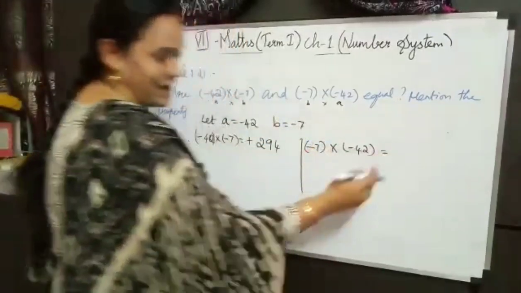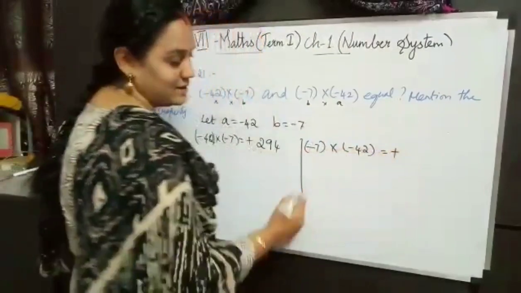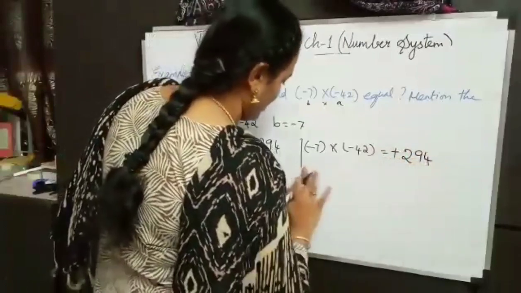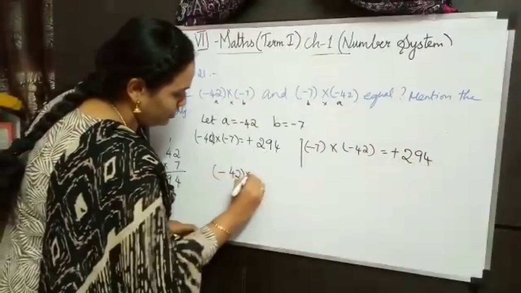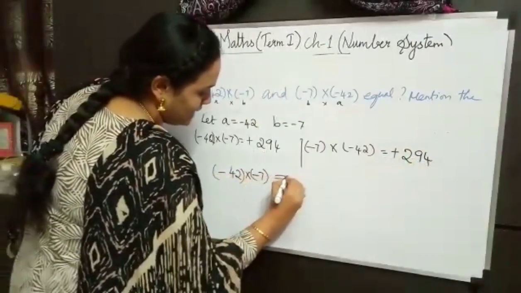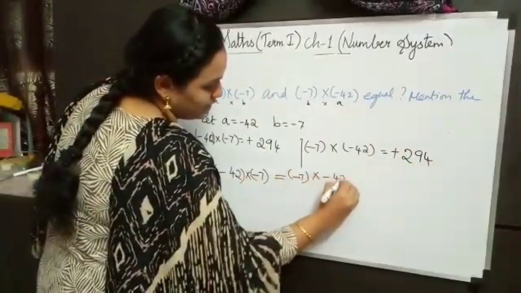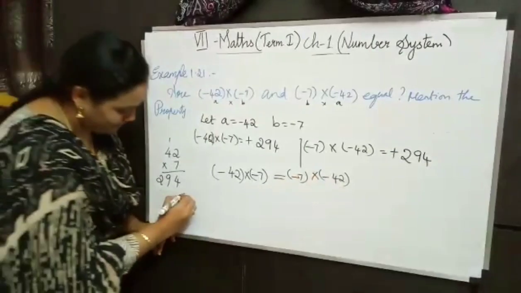So here also same sign, plus. Multiplying 7 into 42, 294. So what we can say? We can say minus 42 into minus 7 is same as minus 7 into minus 42. They are equal.